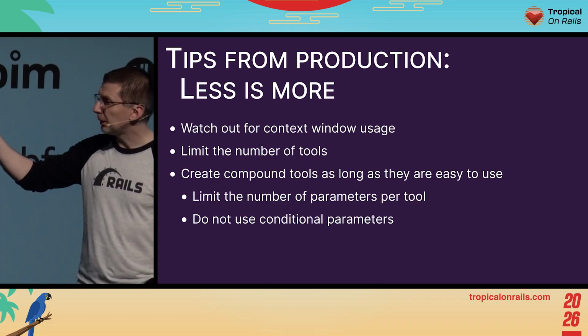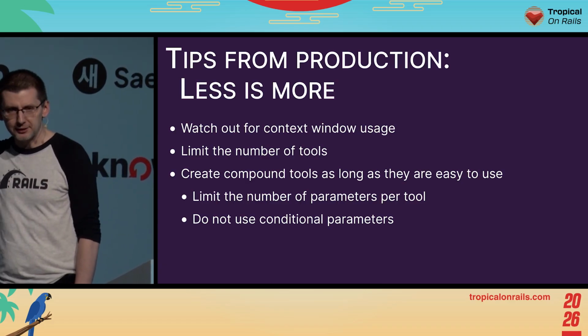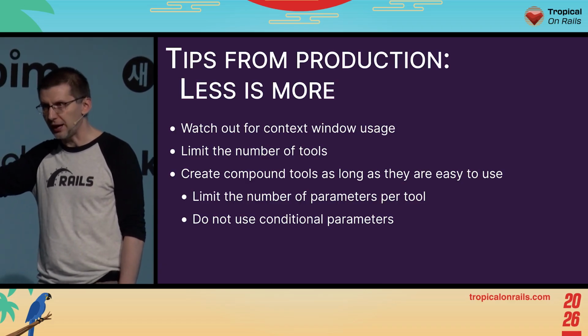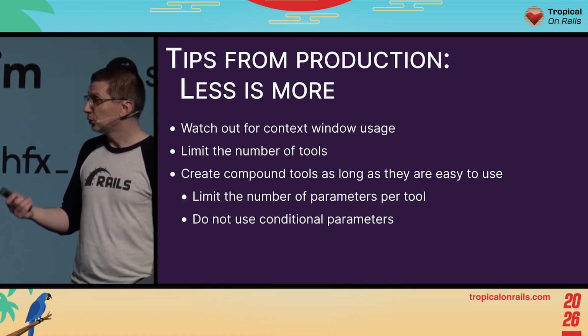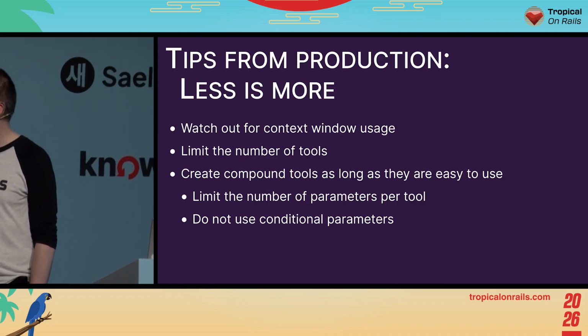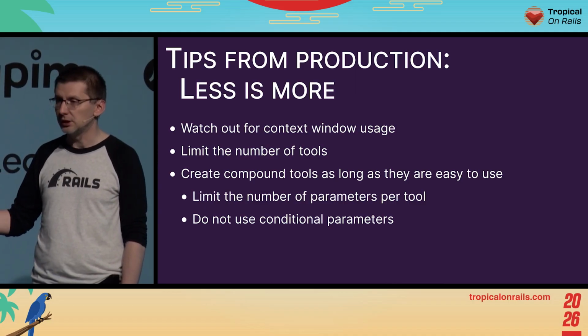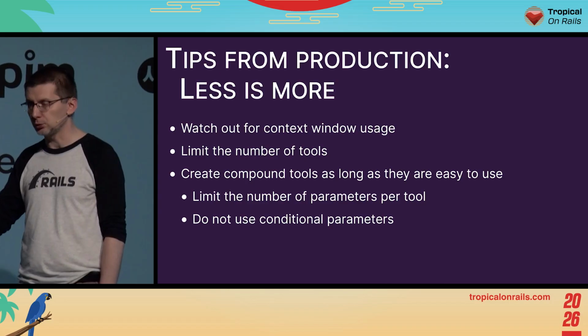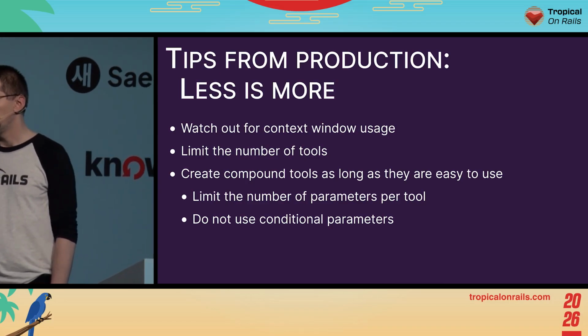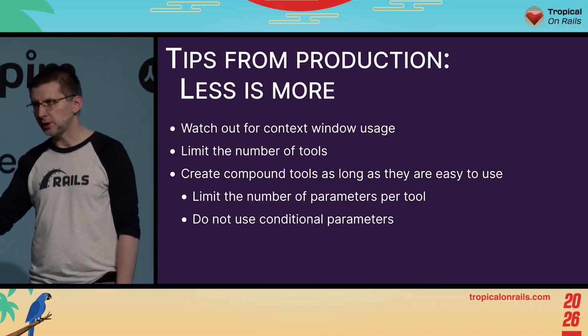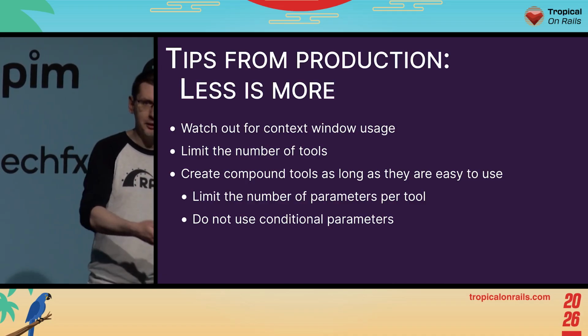You can create compound tools, not the 5 for CRUD as I showed you. Just create maybe one. One thing I was bitten by: don't use conditional parameters. Parameters of a tool have to be straightforward and understandable. Don't write a description like this parameter can only be used if that other parameter is used.